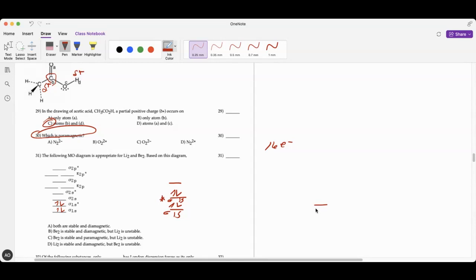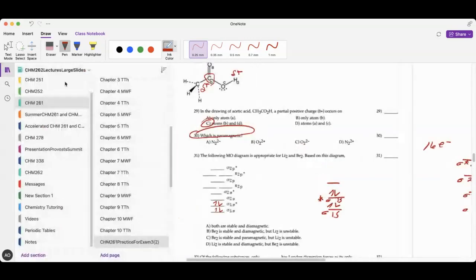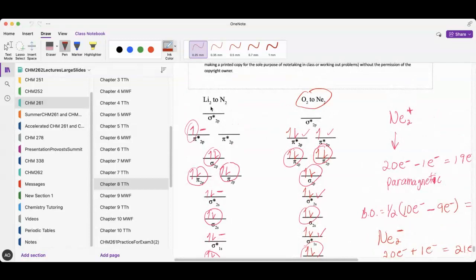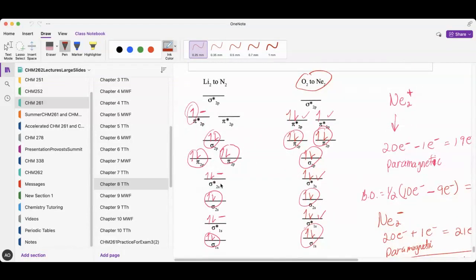I don't have enough room here, so let's do it over here. The sigma 1s, sigma star 1s, and then the sigma 2s fills next, and then the sigma star 2s. If you remember from our lecture, from lithium to nitrogen, after the sigma star 2s fills, then the pi 2p orbitals fill.